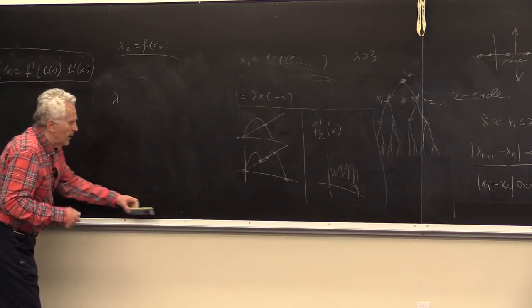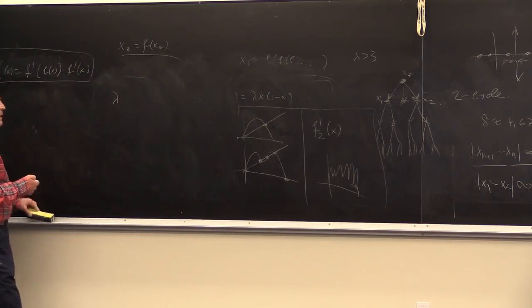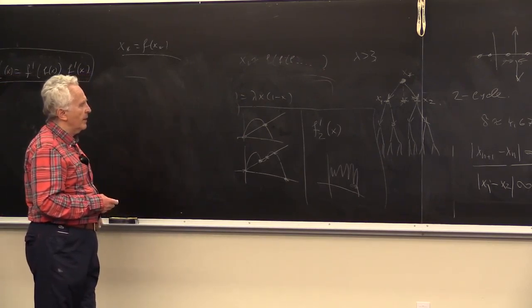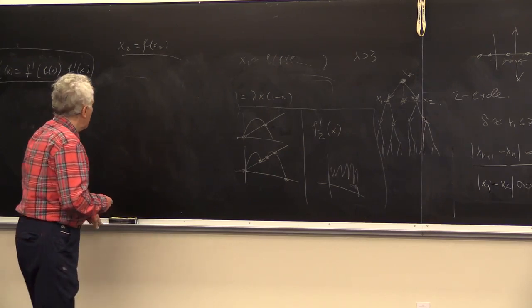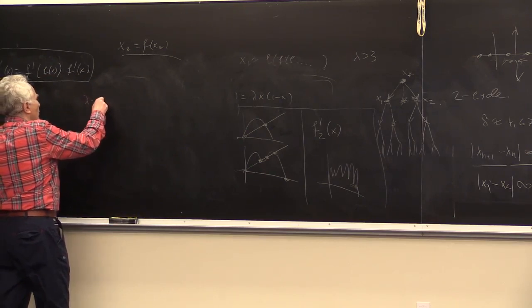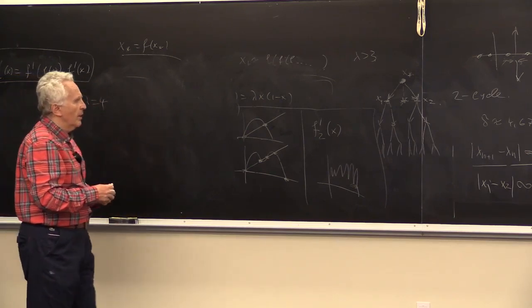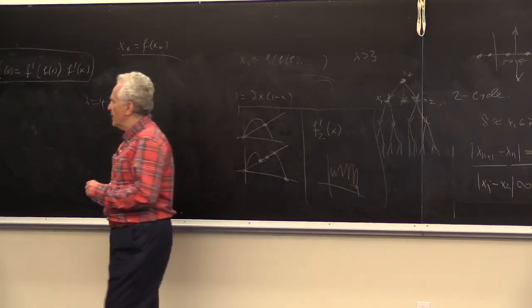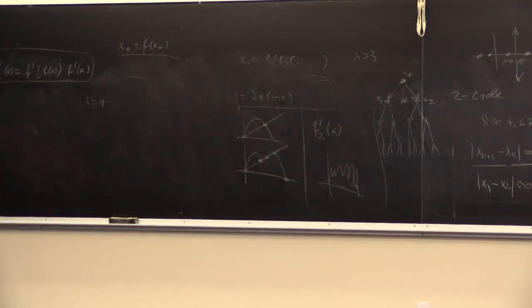People, of course, studied it numerically. It's a very simple and nice exercise for numerical analysis. But what is quite amazing is that for lambda equals 4, you have an analytic solution of this, which displays chaos. And I will show you how.